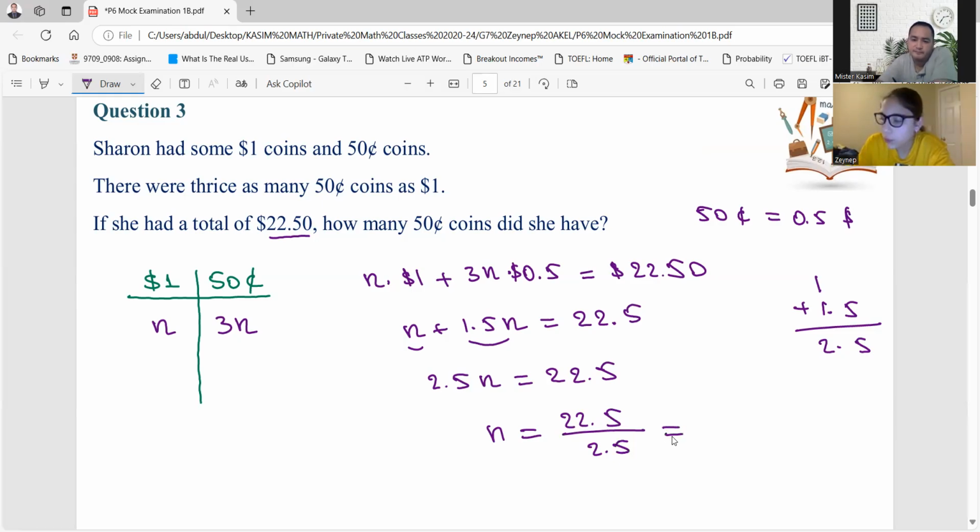And now we need to divide both sides by 2.5. If you actually multiply numerator and denominator by 10, you will get 225 divided by, actually, easier one is, I can multiply numerator and denominator by 2. What is 2 times 22.5?